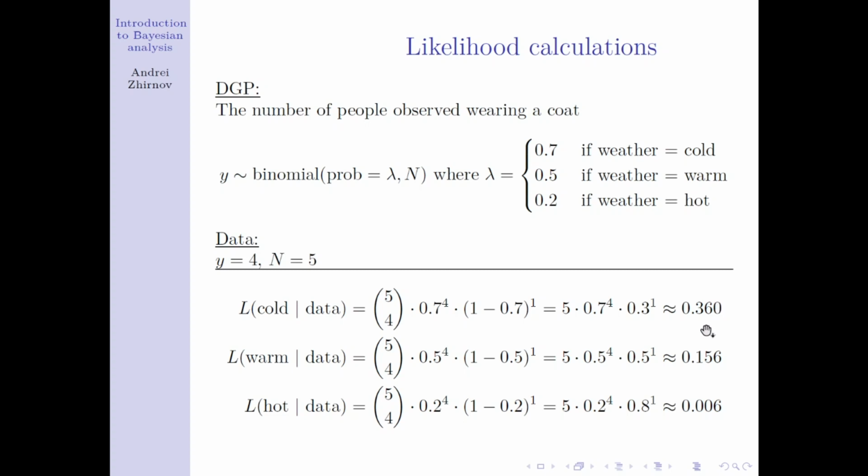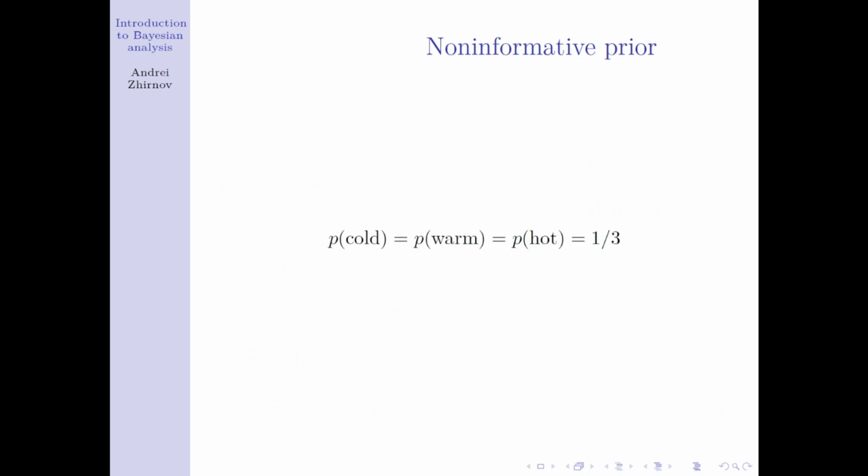Now that we have these likelihood functions, we can go ahead and try specifying the prior beliefs about the weather parameter and updating those beliefs using these likelihood functions. Oftentimes, before we observe any actual data, we do not have any additional information about the distribution of parameter values other than what kind of values this parameter can take.